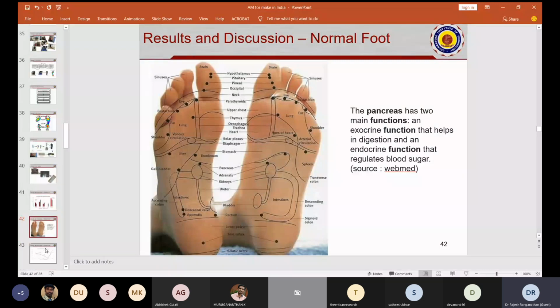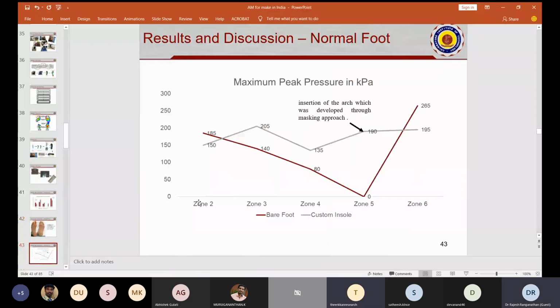But all it does is it buys time, and it provides more comfort, and it reduces foot ulceration for diabetic patients. This is the comparison of pressure data. Before, you could see that it was quite erratic, whereas after wearing a custom insole, it is within a certain limit, and the peak pressure distribution is different as compared to the previous scenario.